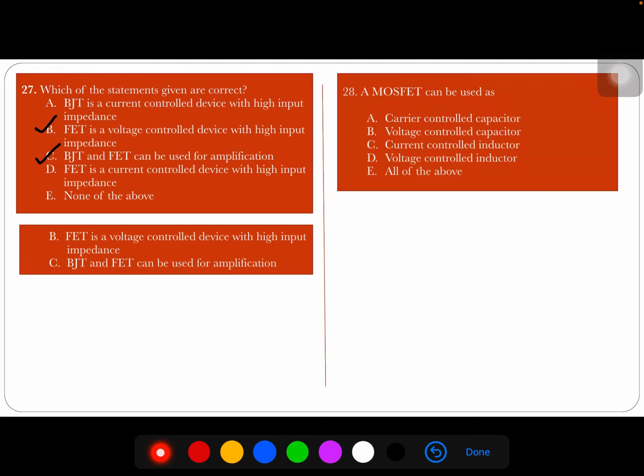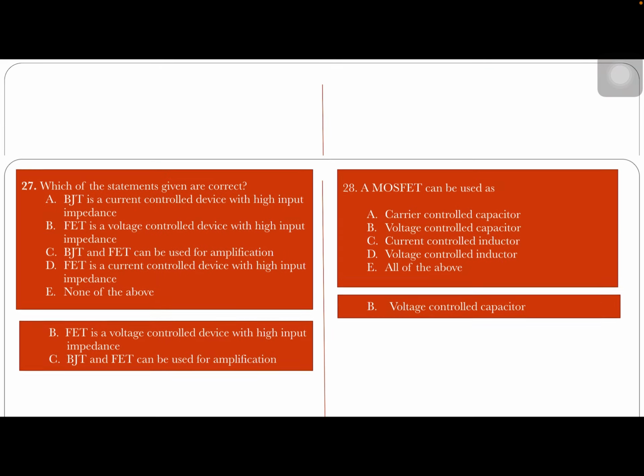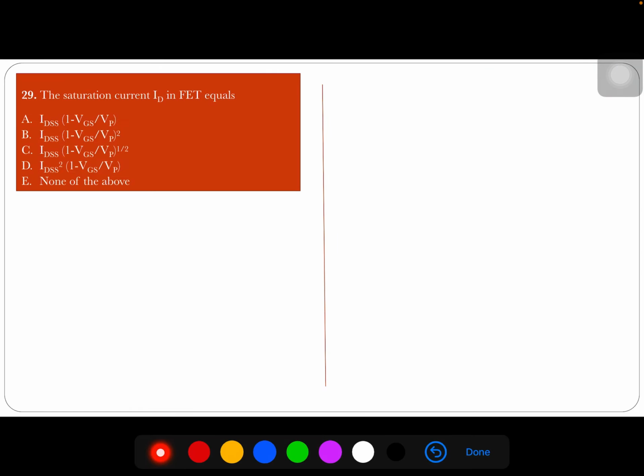A MOSFET can be used as a capacitor. We should all remember and recall that MOSFET comes under the category of FET, which is a voltage controlled device, so therefore it can be used as a voltage controlled capacitor. So the correct option is B, voltage controlled capacitor. Next question, the saturation current ID in FET equals.